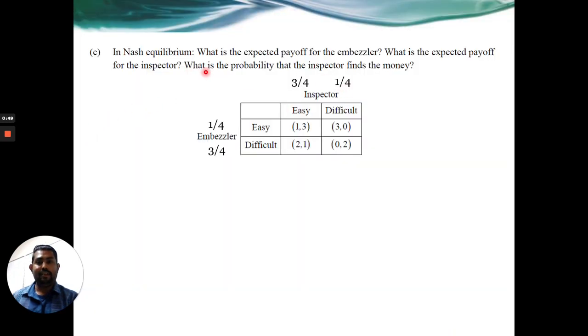Okay, so finally the last question: what is the probability that the inspector finds the money? The inspector can find the money either when MZilla is in the easy place and inspector in the easy place, or difficult and difficult. Correct or not? So it means 1/4 times 3/4 for easy and easy, and another one is 3/4 times 1/4 for difficult and difficult.